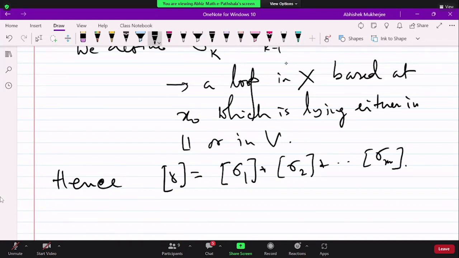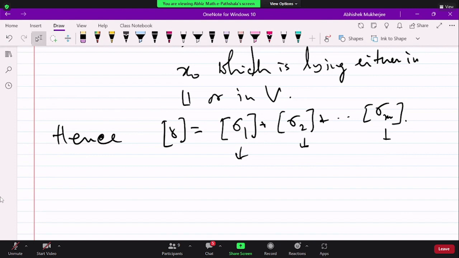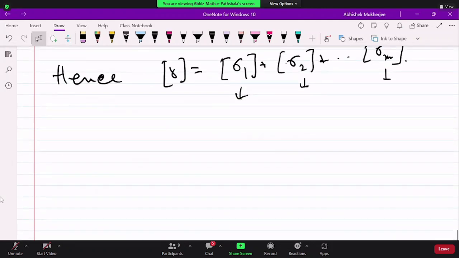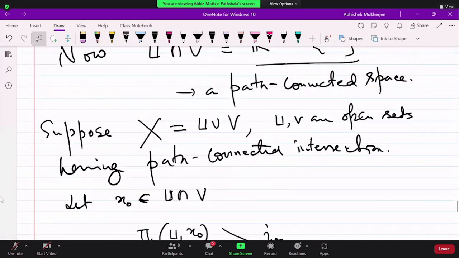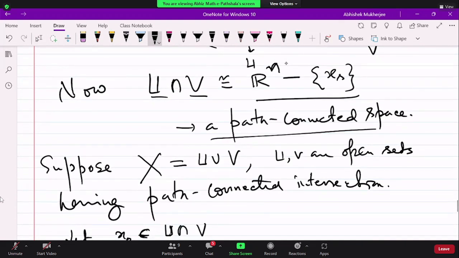Okay. And each of these classes is either in the image of the fundamental group of U or in the image of the fundamental group of V. So that's why you can say that pi 1 X can be generated by the images of the fundamental groups of the respective domains U and V. Okay, and this proof gives you an indication to tackle the example of S^n for n greater or equal to 2, because in that case you are having one U and one V, which is a path connected space, right?